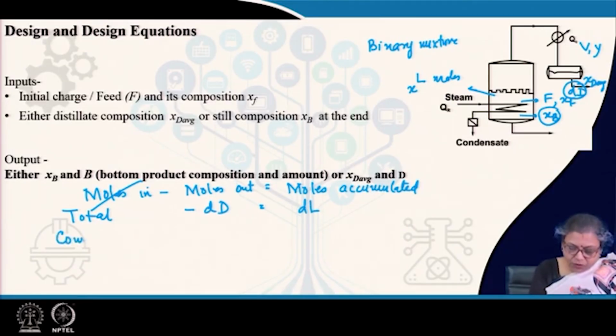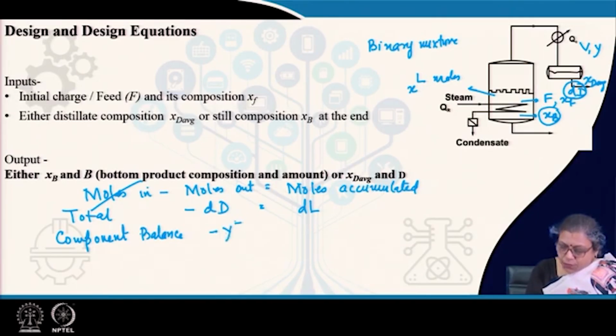If I do the component balance on the more volatile component, then in that instant of time, what is going to be collected? Minus y star dD. This y star is in equilibrium with the liquid composition here, right. So what will be the moles accumulated at that particular instant?